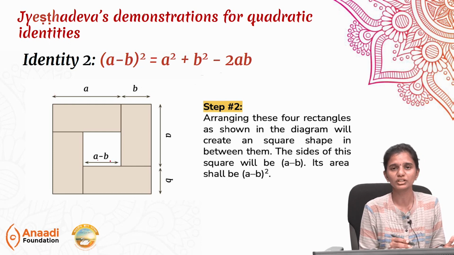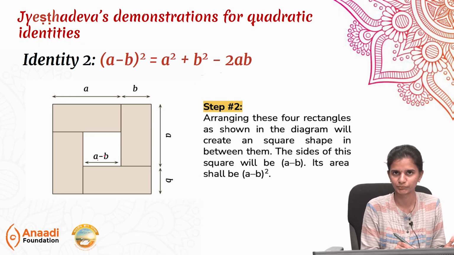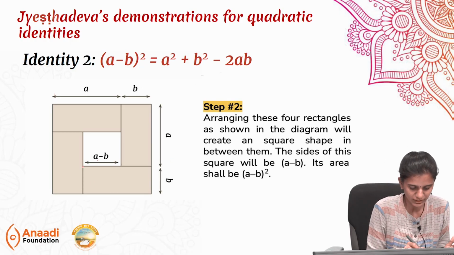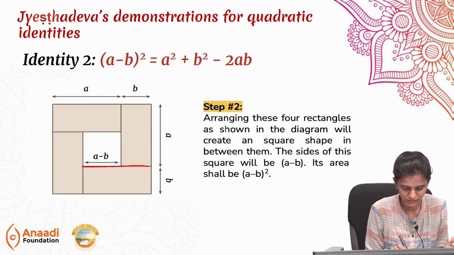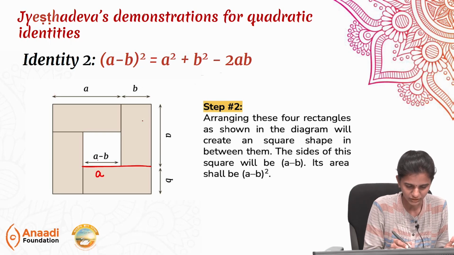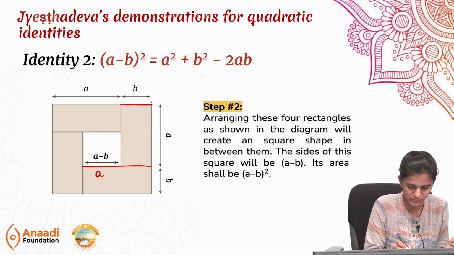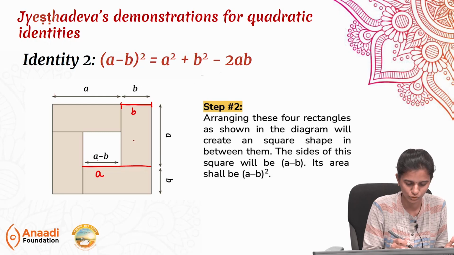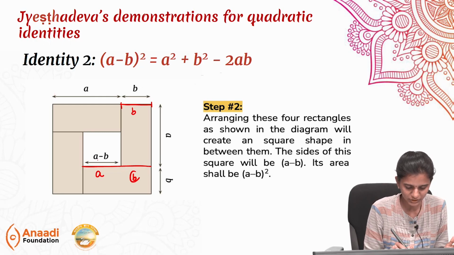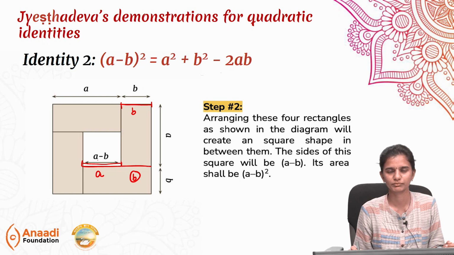But then we only know the sides of the rectangles but not of this square. To find that, we see that the length of this rectangle is A, and then we see that this side is B. So, when we subtract this B from A, we get the value of this side of the square, that is A minus B.